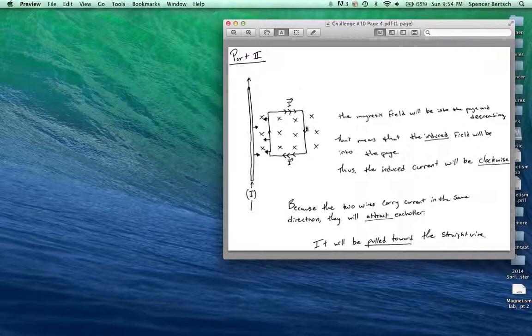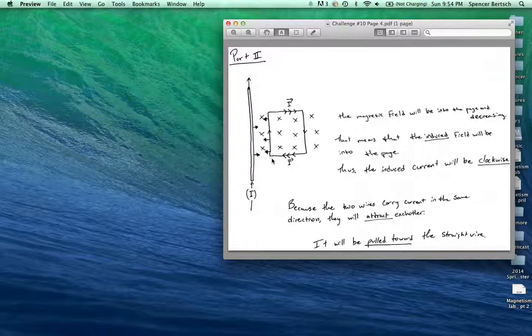So the current will be going around like this, and we know from chapter 32 about magnetism and current-carrying wires that two parallel wires will exert a force towards each other if the current is going in the same direction. Here we can see that the current is going in the same direction, so they will attract each other.